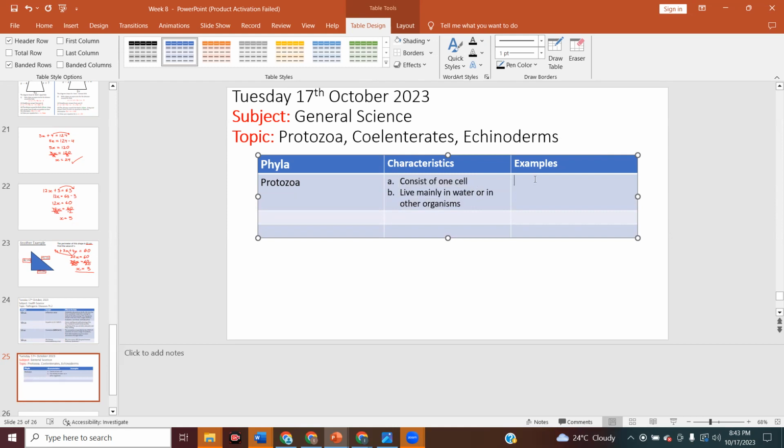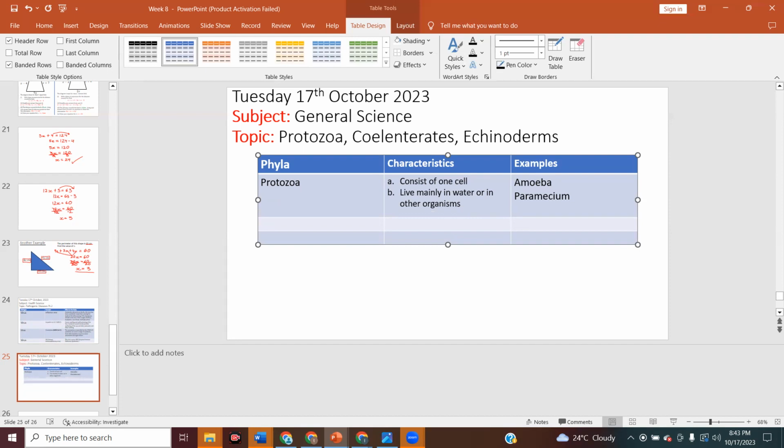So anyone ever heard about the amoeba? Amoeba is a single cell, that's a protozoa, all right? Next one is a paramecium. And then the next one would be plasmodium.